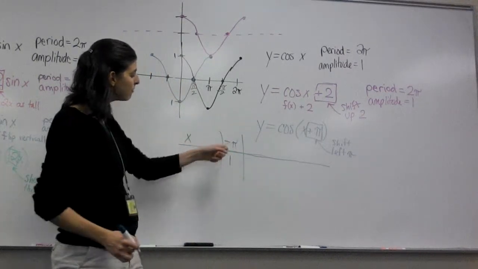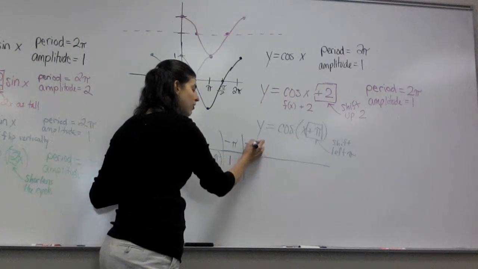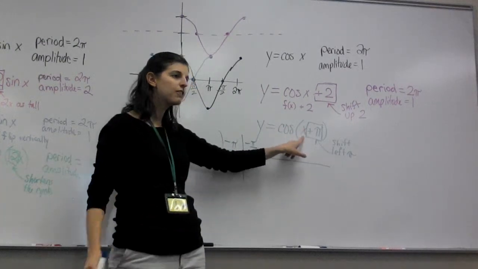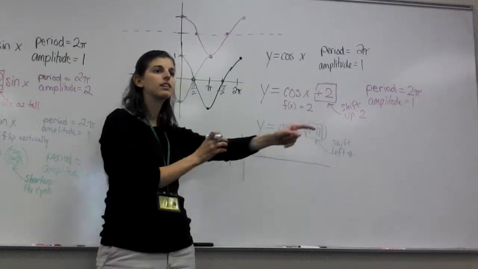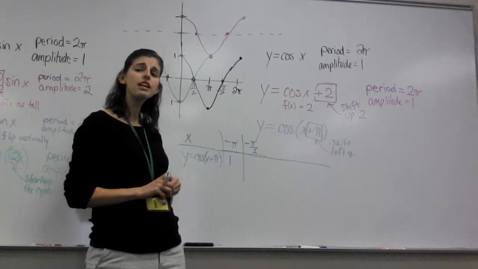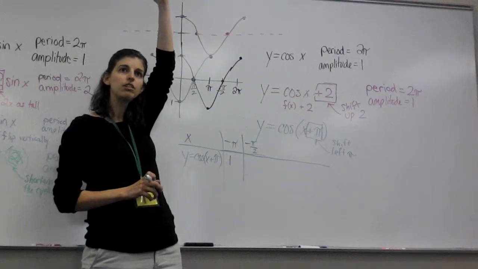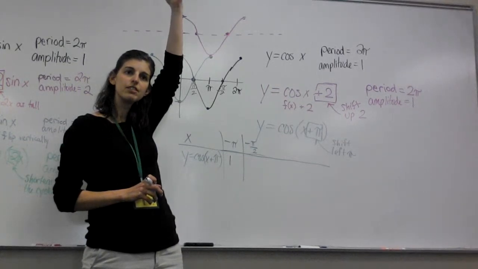So at negative pi, I would be at a height of 1. Negative pi over 2: negative 1/2 pi plus pi gives me positive 1/2 pi. Cosine of positive 1/2 pi is what, on your unit circle? Cosine's the x value. 0.